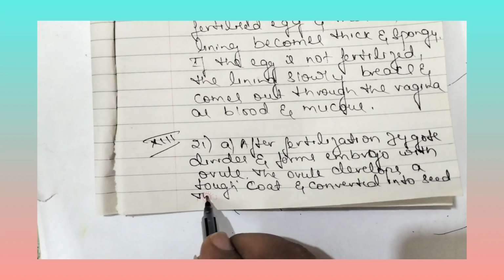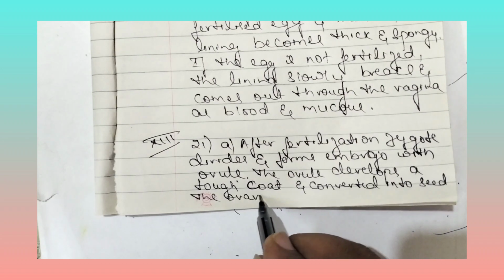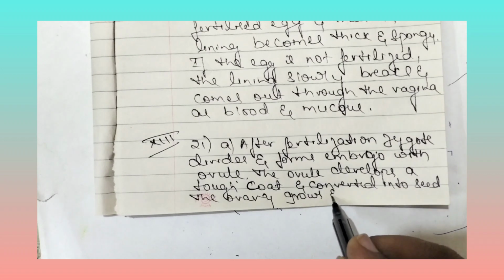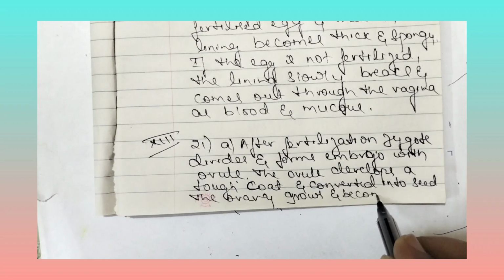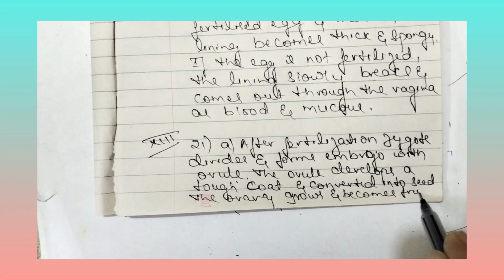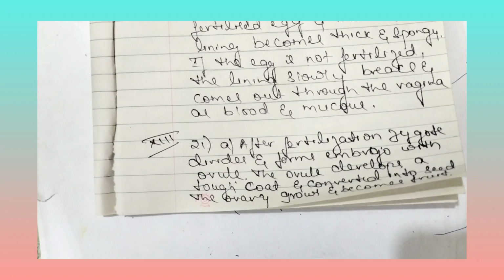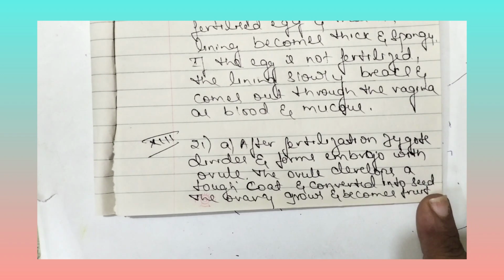The ovary grows and becomes fruit. So the zygote becomes an embryo, the ovule develops as a seed, and the ovary develops as a fruit.